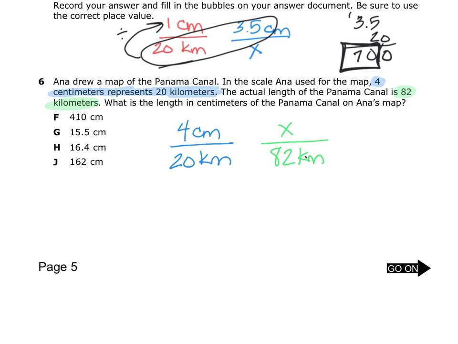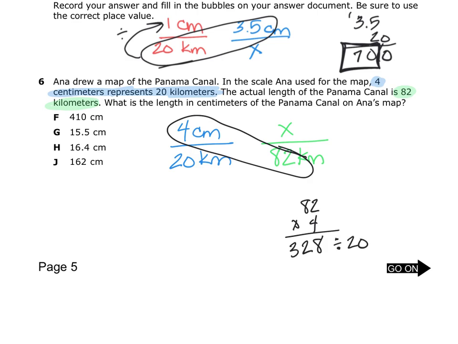Now here I'm going to cross multiply 4 times 82. 82 times 4, and that's 8 and 32, and then divide by 20. 328 divided by 20. That goes in once. 6 would be 120.